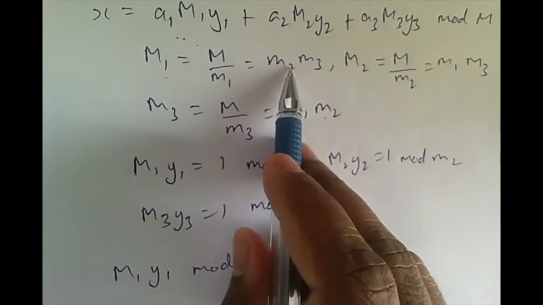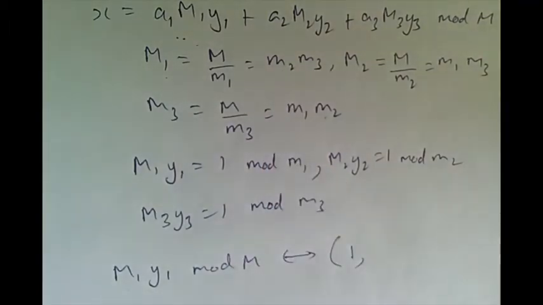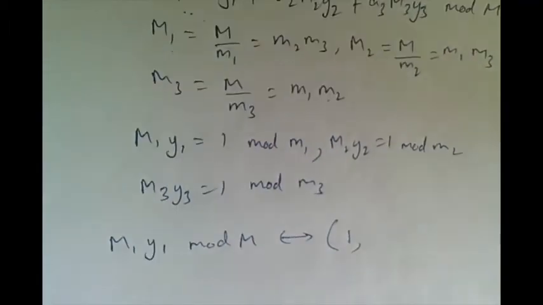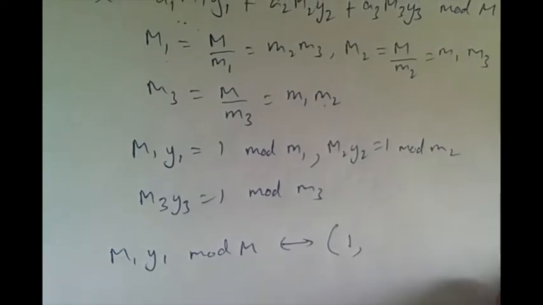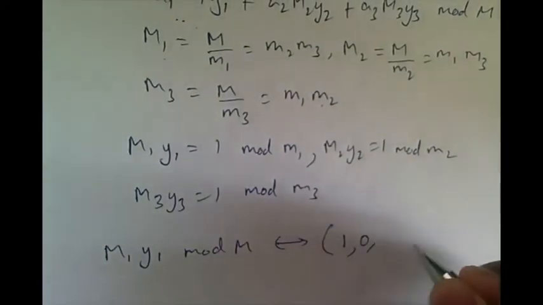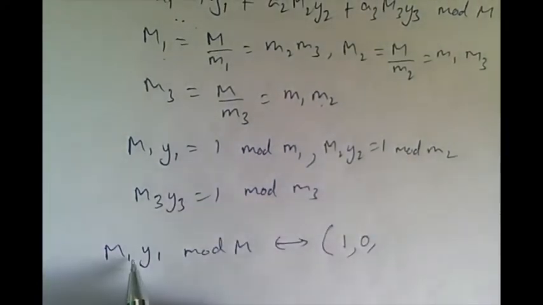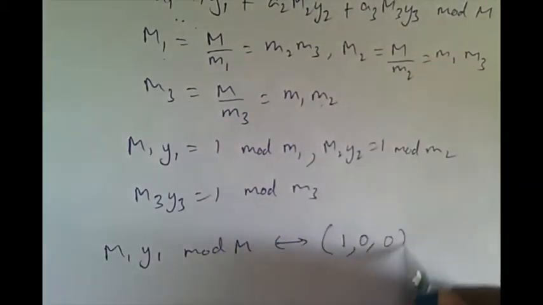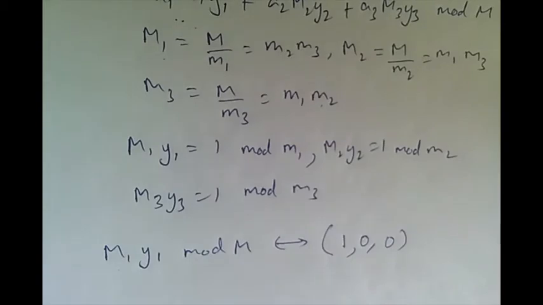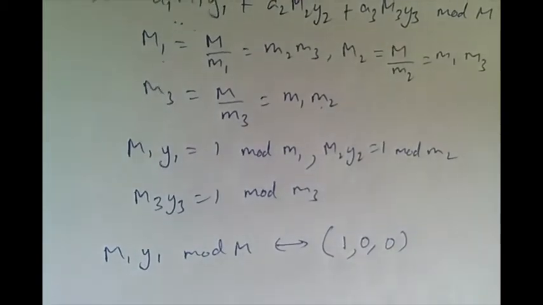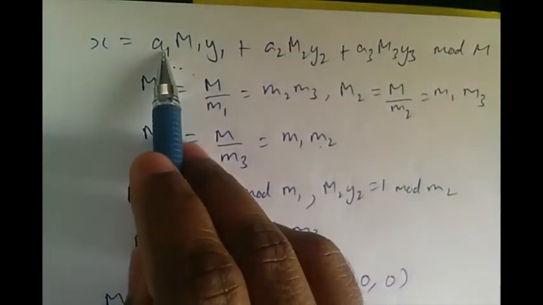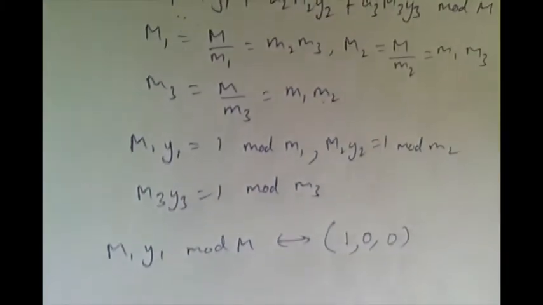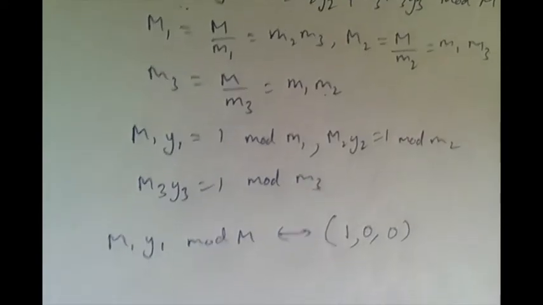So M1 y1 mod m2 is 0. Similarly, M1 y1 mod m3 will be a multiple of m3, so that will be 0. So now you can see that a1 times M1 y1 will be congruent to a1 here. So you get a1 in the first coordinate.